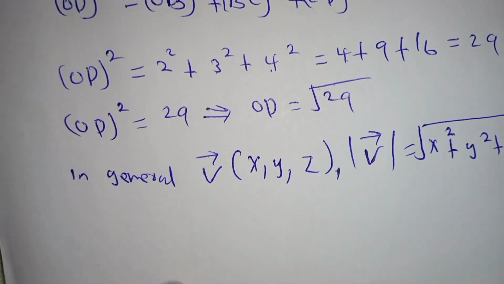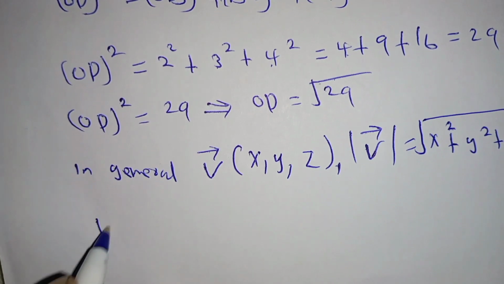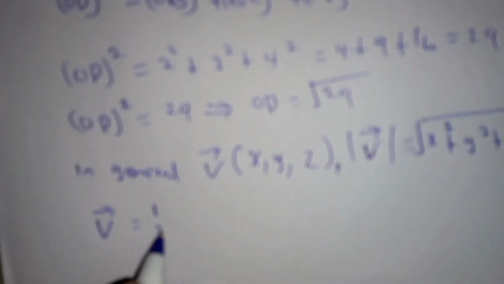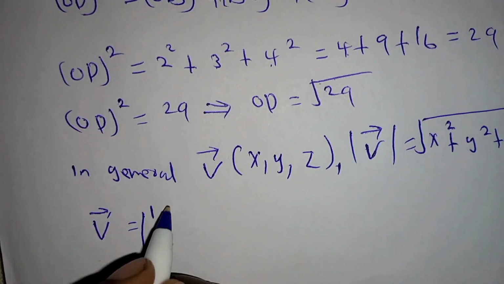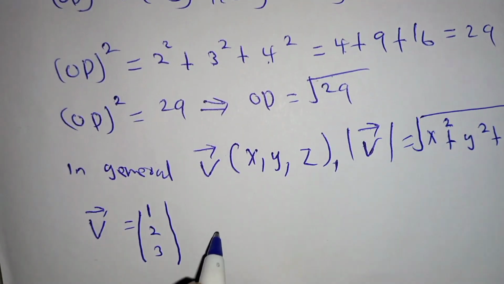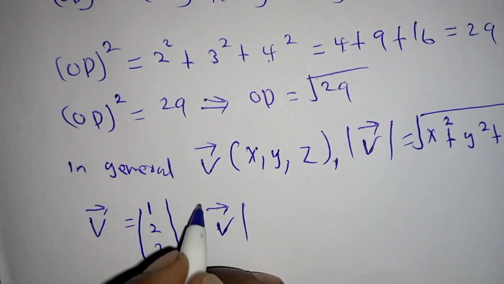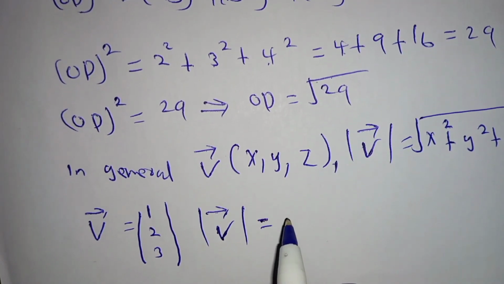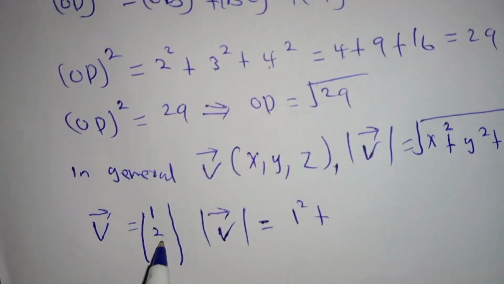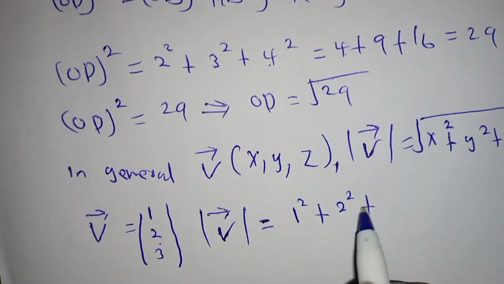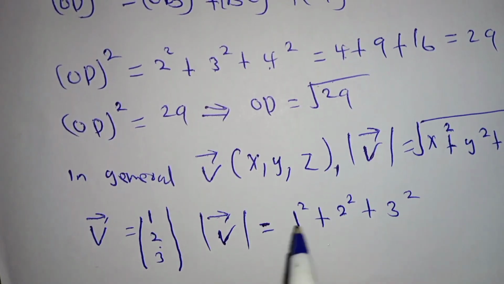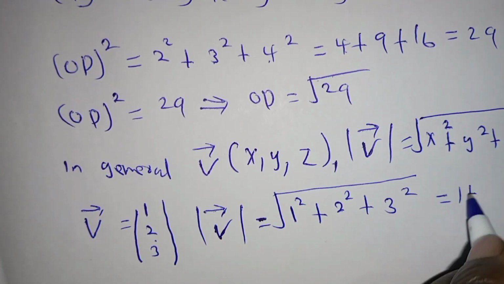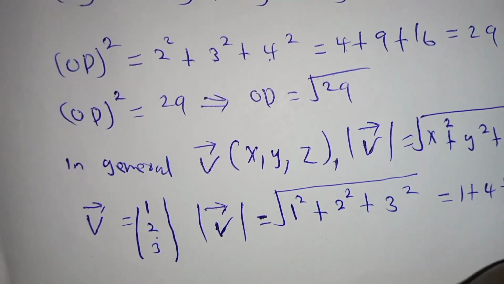For instance, if you are given this vector v, whose components are 1, 2, 3, and you are going to obtain the modulus of vector v, which is written this way, simply you square 1, plus the other component, which is 2, you square it, plus the other component, you square it, and you obtain the square root. 1 squared is 1, 2 squared is 4, 3 squared is 9.